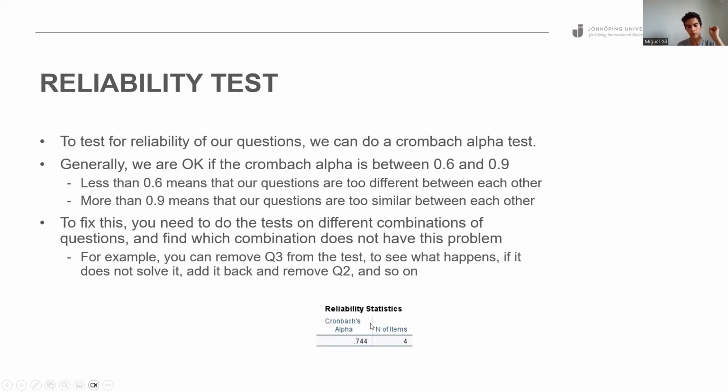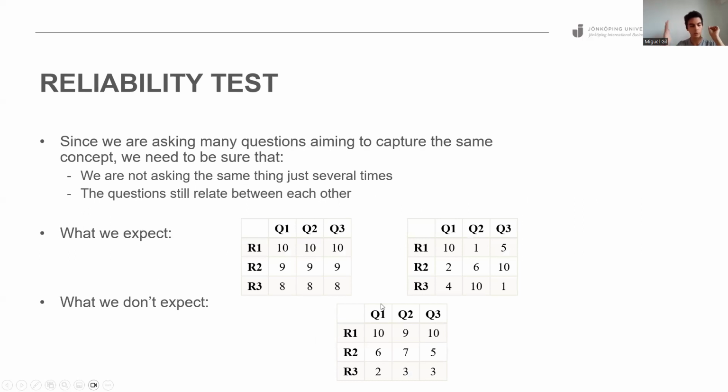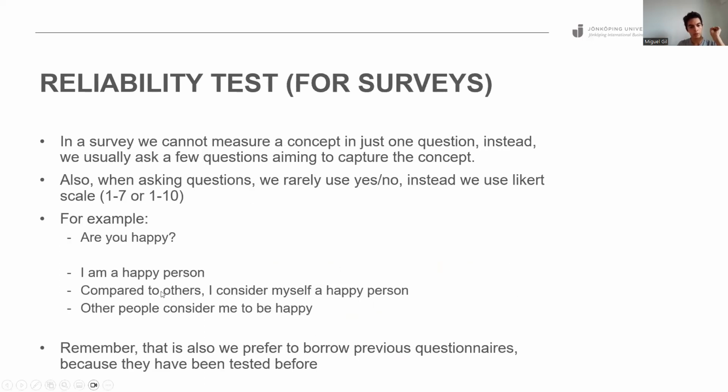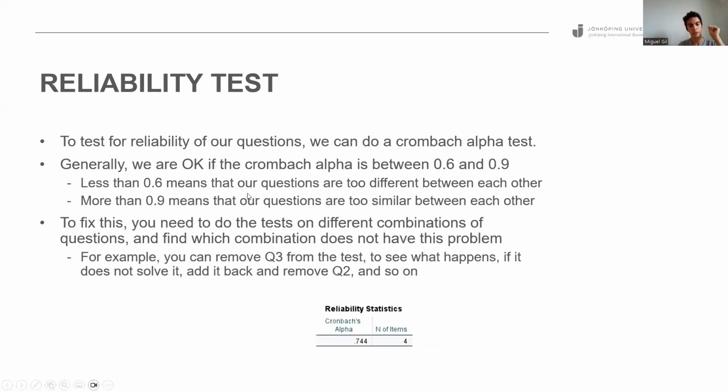But what happens if you have something very low, like 0.4 or 0.5, or something very high, like 0.95? To fix that, you may need to remove a few questions from your test. I will explain how to do it in SPSS, but the idea is that if the questions are problematic, you remove questions and then test again until it's not problematic.